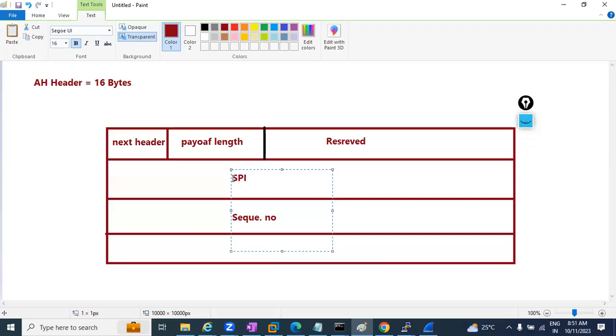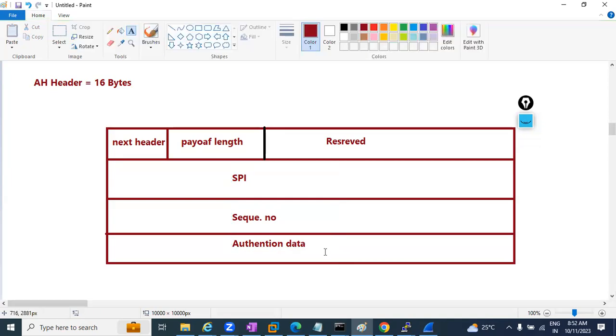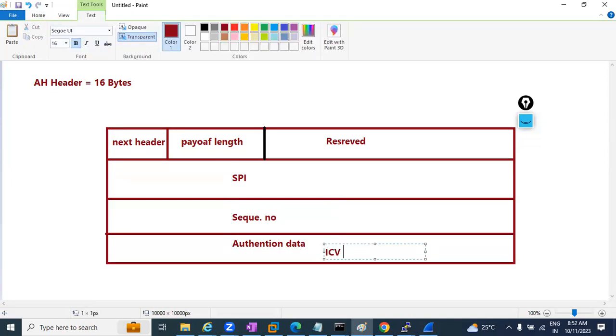And this is authentication, which is also known as ICV, the integrity check value.